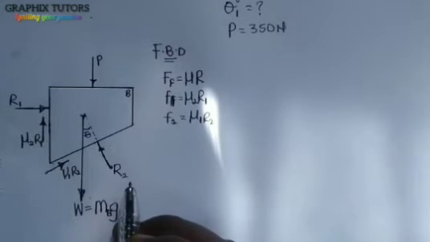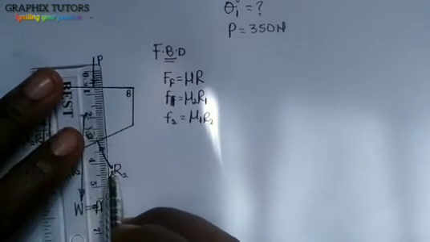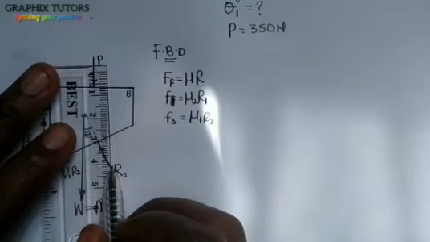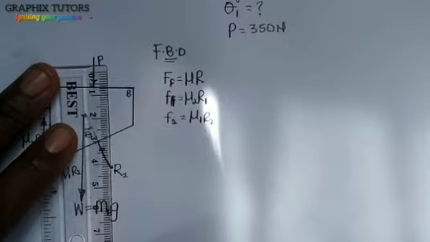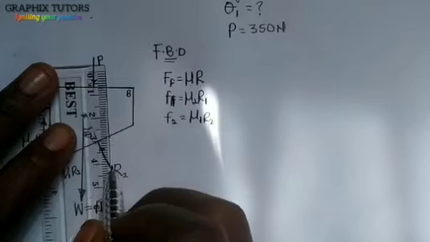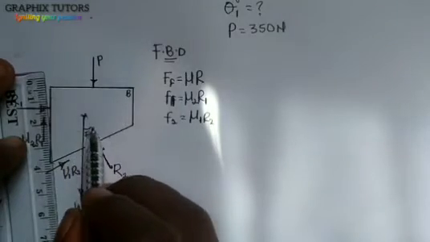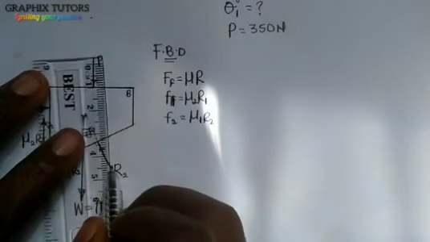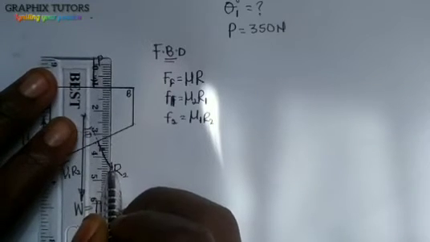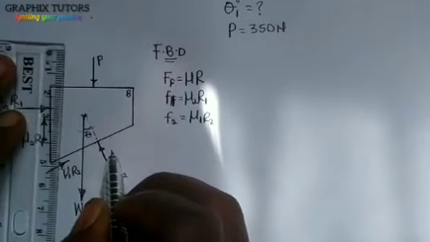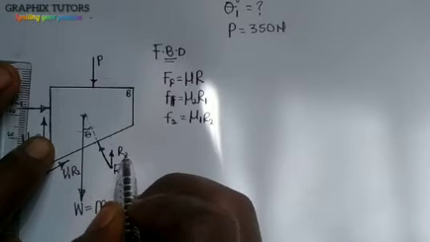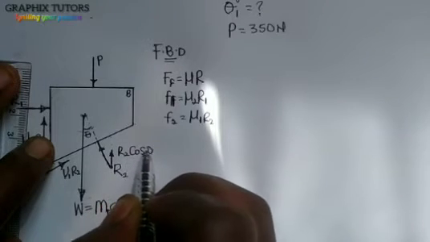When force is inclined to the vertical, if you watch my video on resolution of force, which I will show you at the top corner of the screen, you realize that whenever the force is inclined to the vertical line, it means that my vertical force will give me the force times cos of the angle.